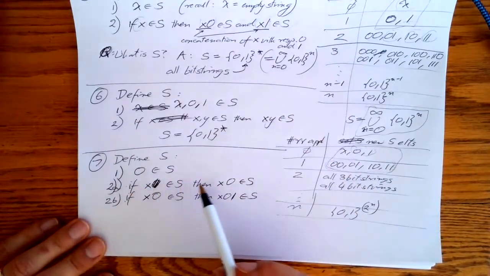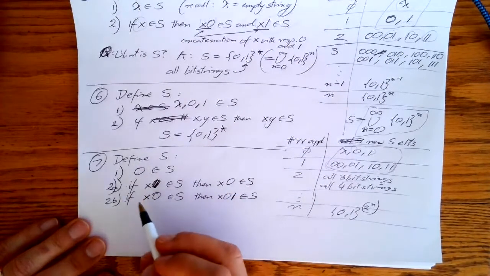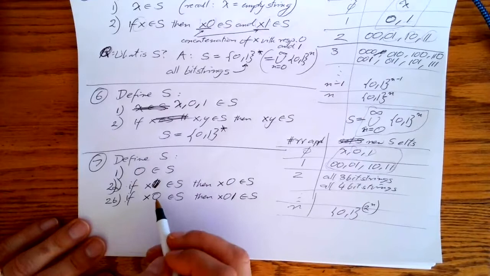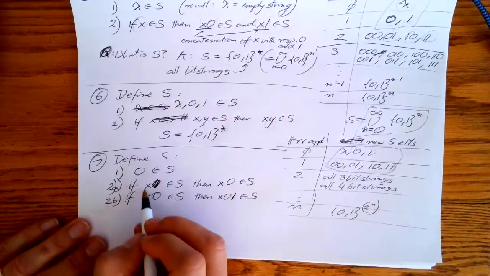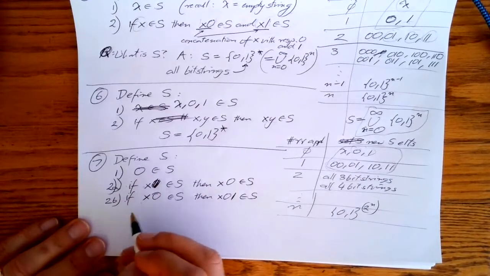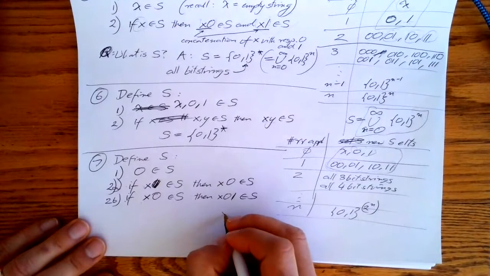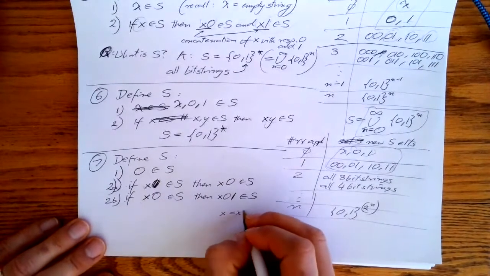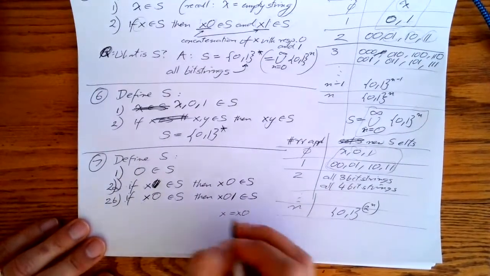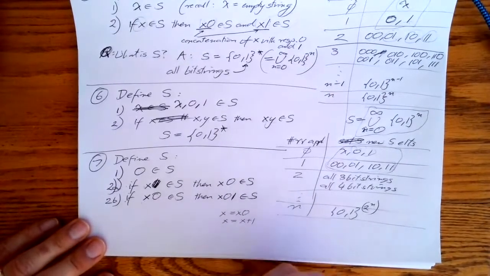If x is in S, then so is x0. But if a string, which can be represented as x0 for some x, of course, these are not the same ones, right? Like it cannot be. There is no x such that x is equal to x0. Just like there is no integer x such that x is equal to x plus 1, right?